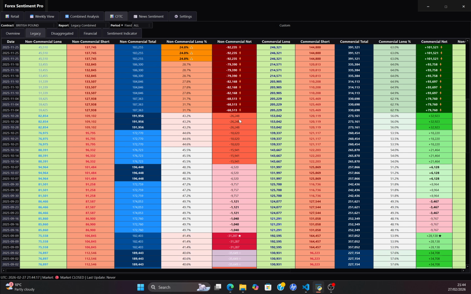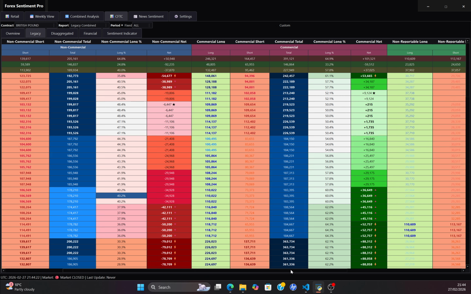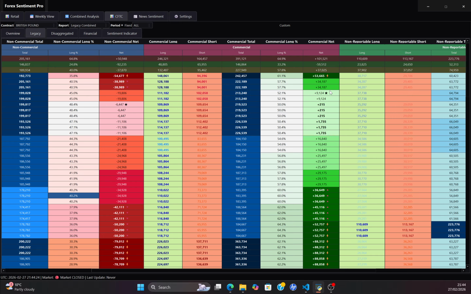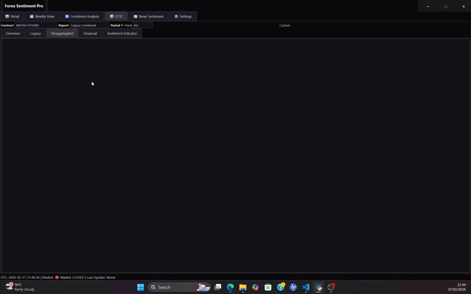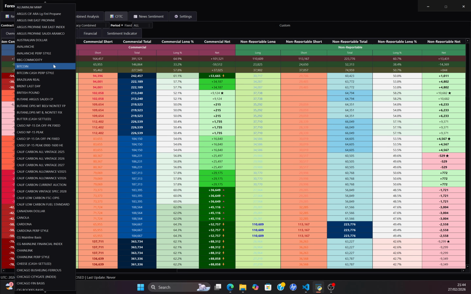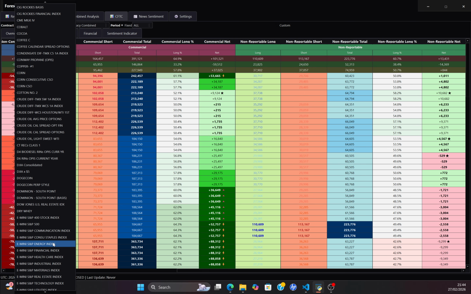Nothing is here for no reason. Everything's here for a reason. So this is a very high level, extreme levels, where it shows extreme bull, so non-commercials are extremely bullish, and so on.